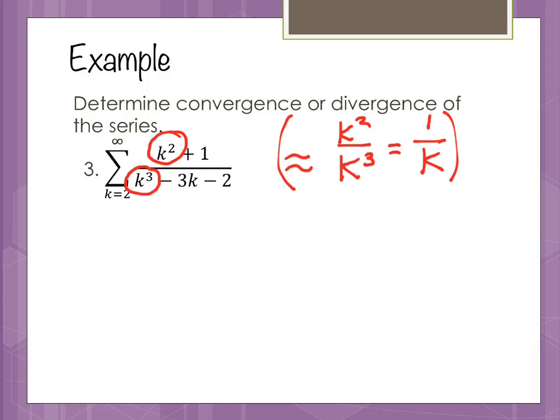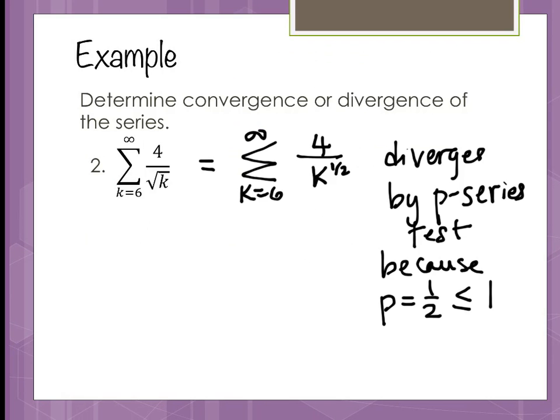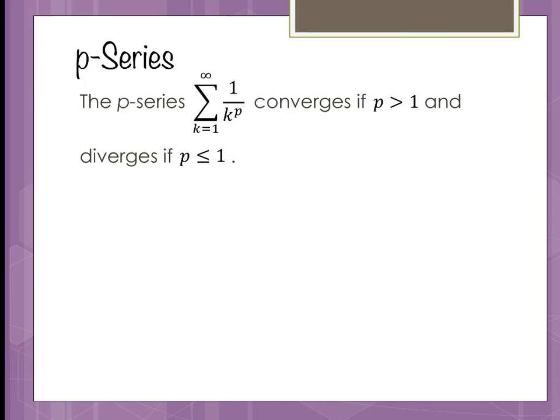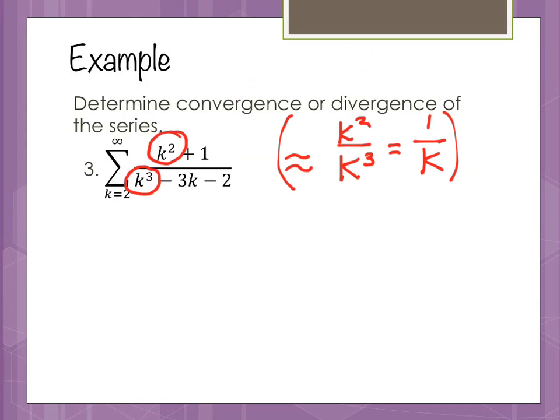And then we have also talked about the p series, which we could also use here. What happens if p is equal to 1? It diverges. And I actually showed you another argument of why it diverged last time. Remember it had rectangles in it? So this series of 1 over k is going to diverge.